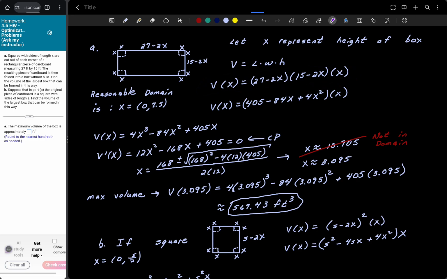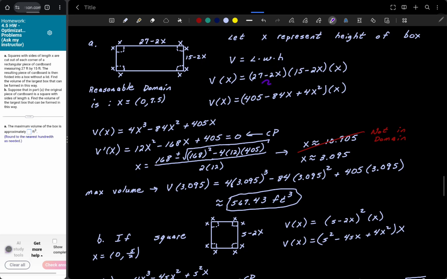I went ahead and FOILed out the length and width expressions, and I got my 405, and then minus 54x minus 30x for a total of minus 84x. Then we have plus 4x squared. Of course, now we have to distribute the x through all of those terms. That's where this comes from. This is the volume of my box.